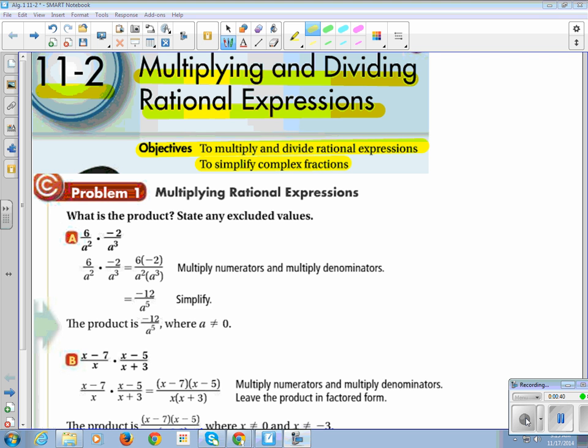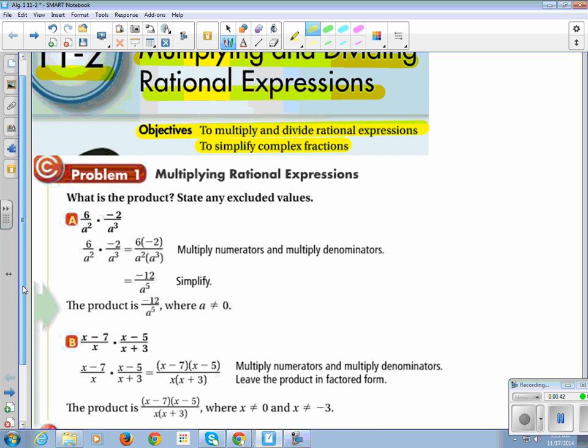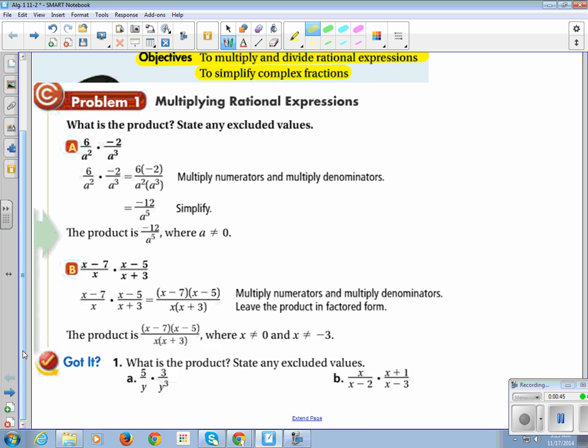Alright, so we're going to look at a couple of examples. Please do not write these down because we're going to do our own examples. But I want you to see it first. So, problem number 1A has two items being multiplied. We have 6 over a squared times negative 2 over a to the third.